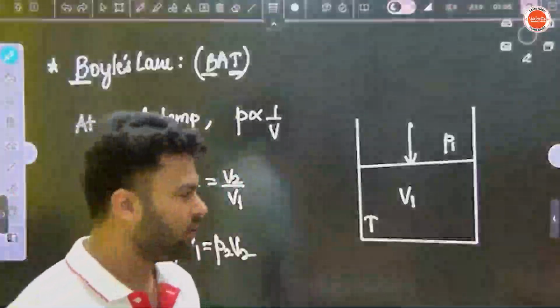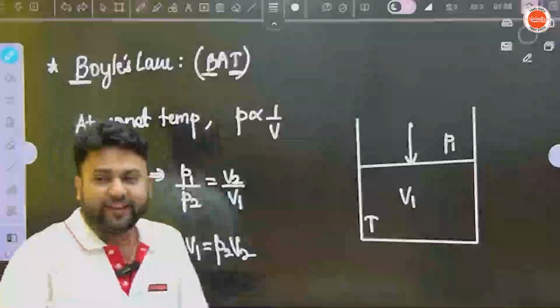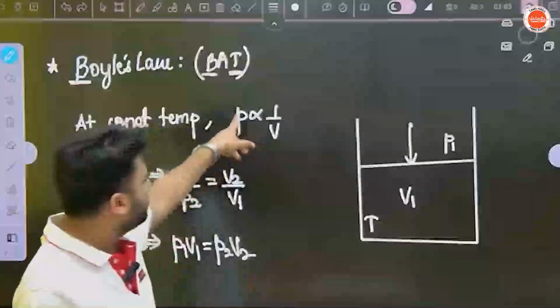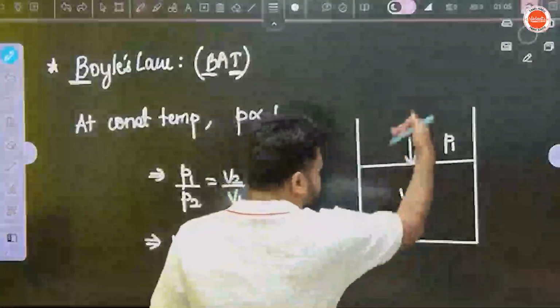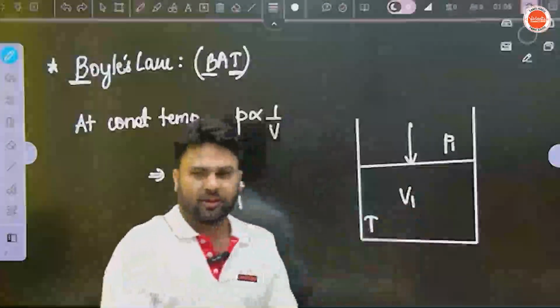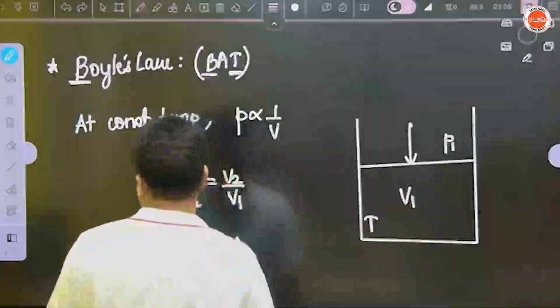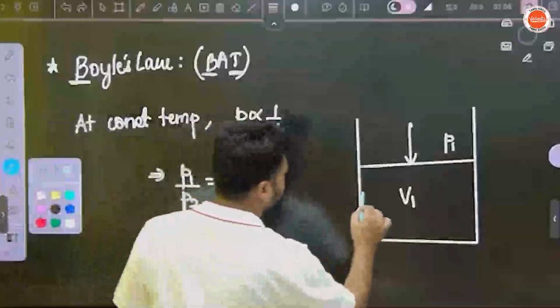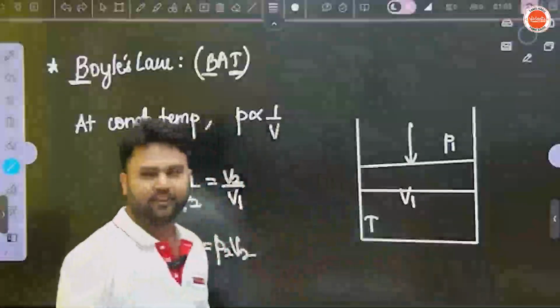Correct. What they are saying is, inversely proportional, means if we increase the pressure, volume will decrease. Like a syringe: if we increase the pressure, this piston will go down and volume of the gas will decrease.